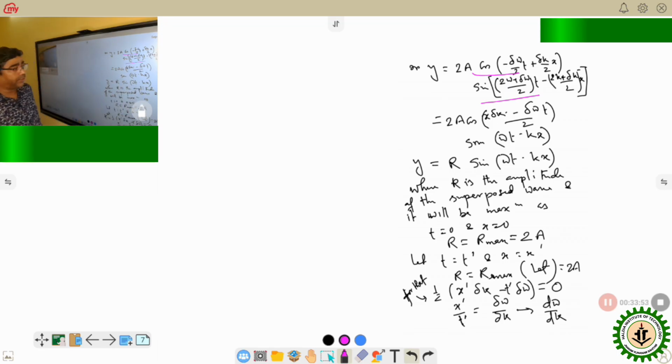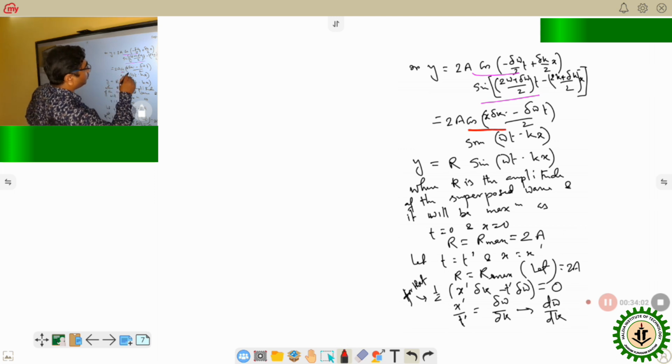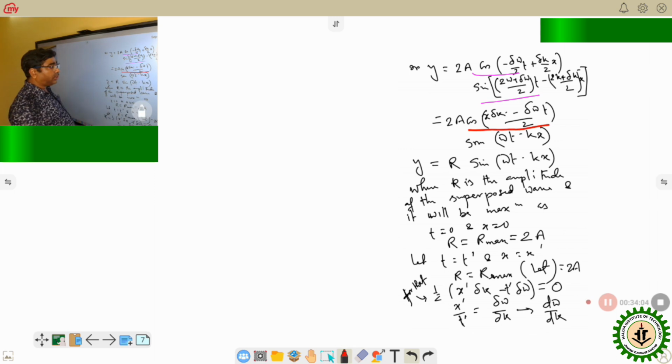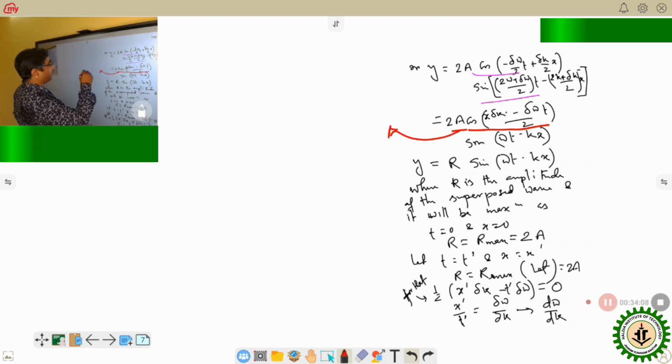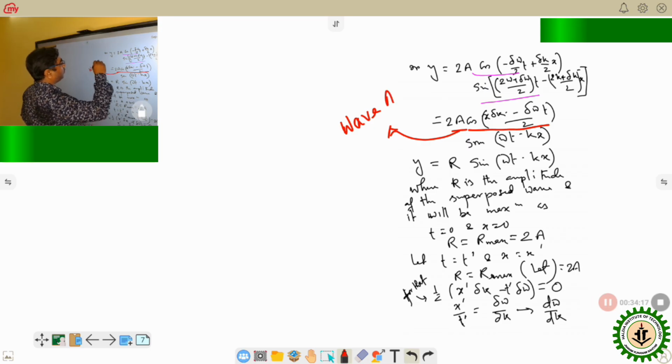For any wave, the cos term is included in the amplitude part, and this one is defined as the wave amplitude, and this part is the total phase.